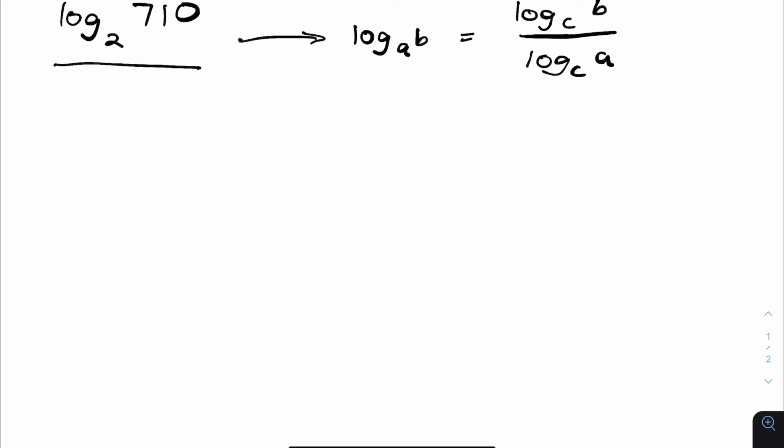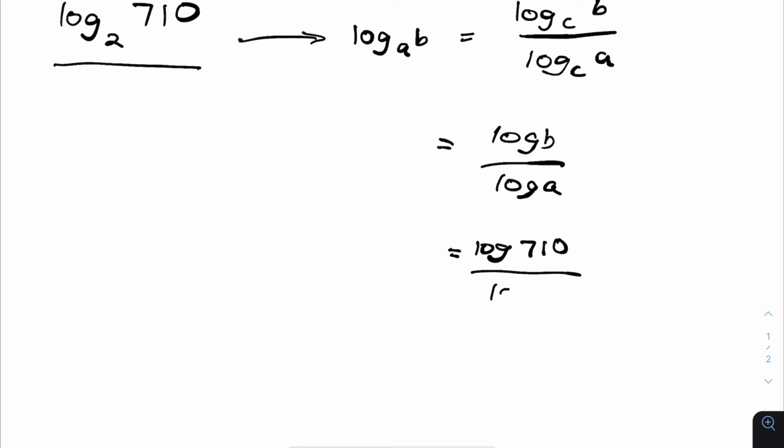And in this case, we can make C 10 so that we can make this log B over log A. So theoretically speaking, if we had log base 2 of 710, where A is 2 and B is 710, we could write this as log 710 divided by log 2. And when we put this into our calculator, that gives us 9.47.